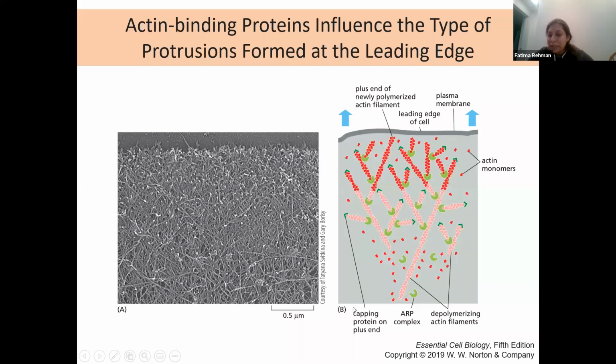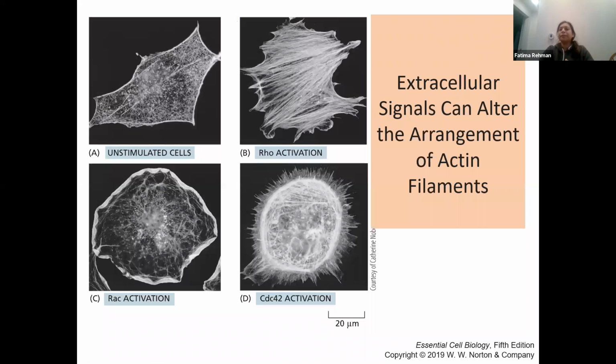On the opposite side of the cell, you will see the opposite happening. Those are going to depolymerize as they get shifted forward, because the membrane potential has shifted to the front end in a way that that's become the leading edge. So in the lagging side of the cell, you will see depolymerization of actin monomers. And on the leading side of the cell, you will see polymerization of the actin filaments.